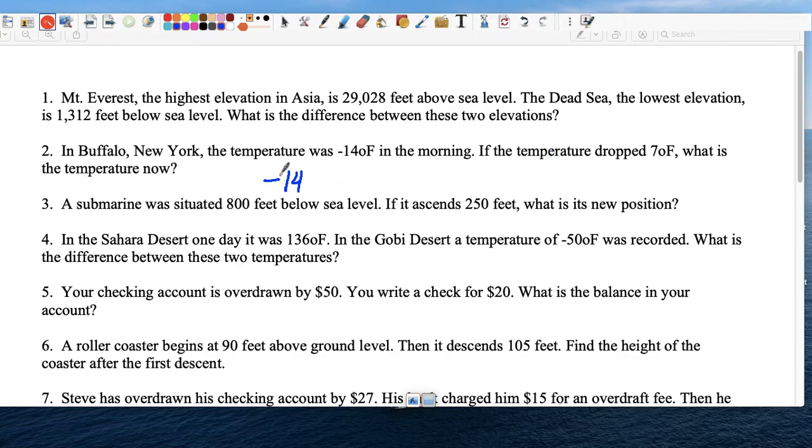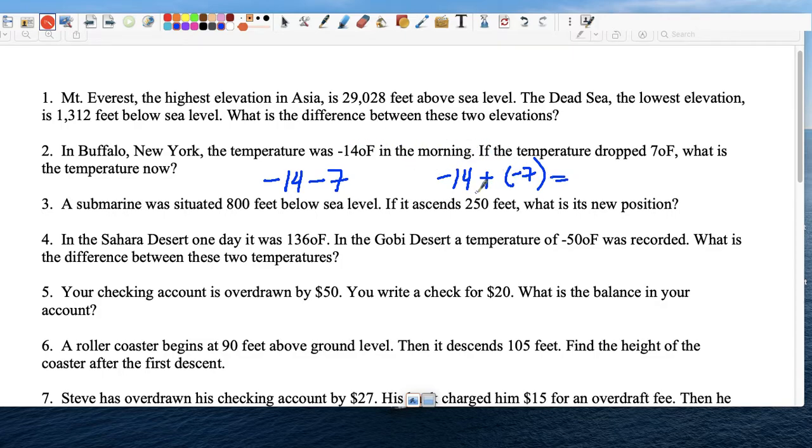You can do negative 14 minus 7 to show it dropped, or negative 14 plus negative 7. Whichever way you're comfortable, both lead to the same answer.